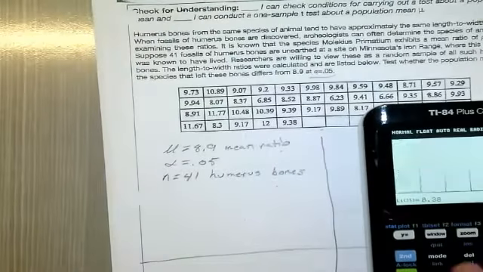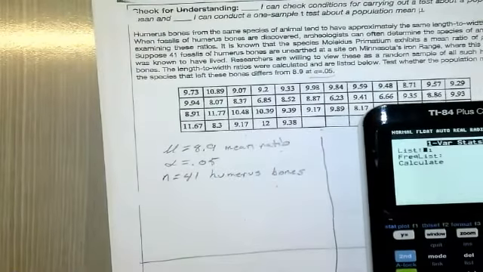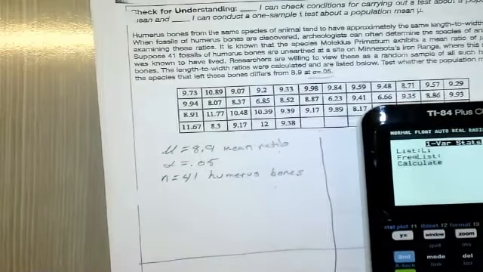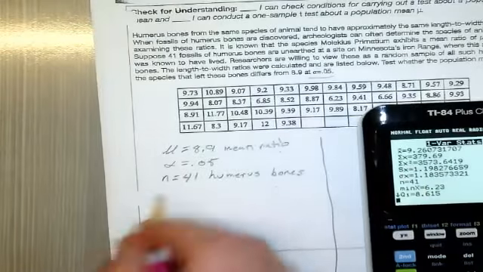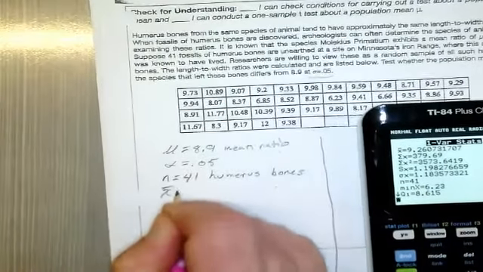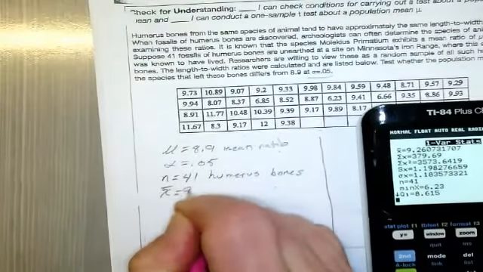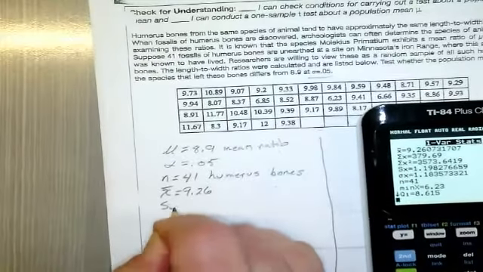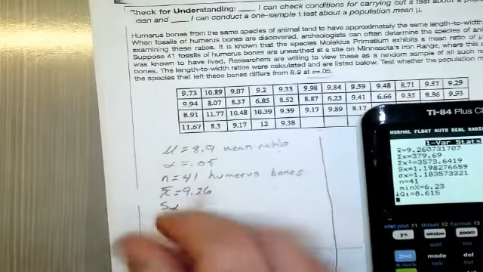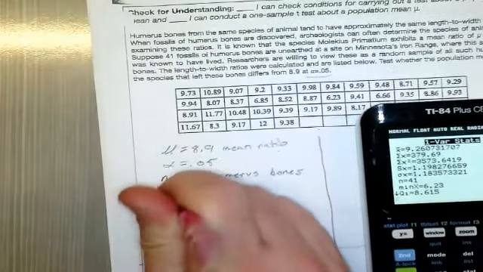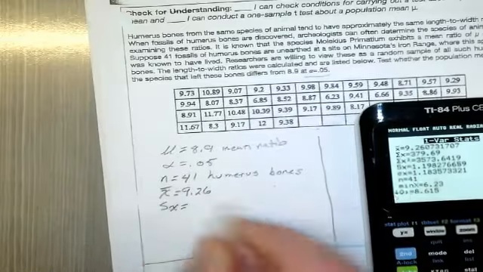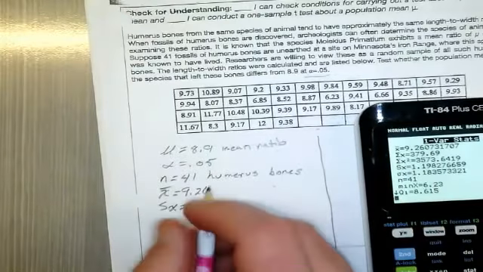Okay, so I'll go stat, calculate 1-var, L1, and I want to find my x bar, which is 9.26. My standard deviation of a sample is Sx, equals 1.198.